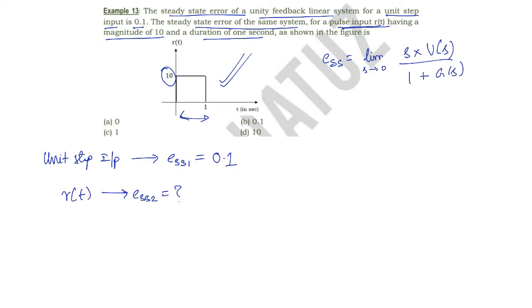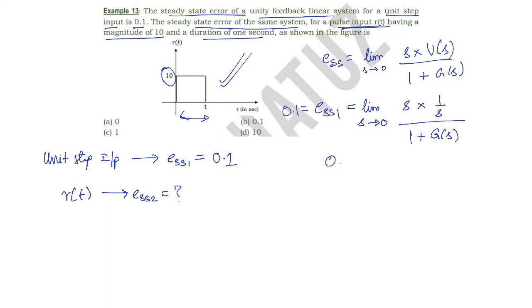Now for unit step input, ESS1 is equal to limit s tends to 0 of s into 1 by s divided by 1 plus G of s, which is equal to 0.1.